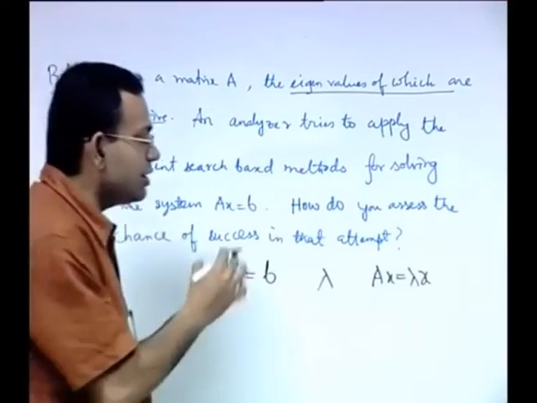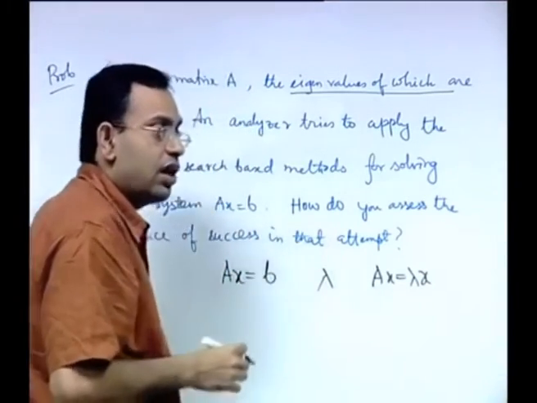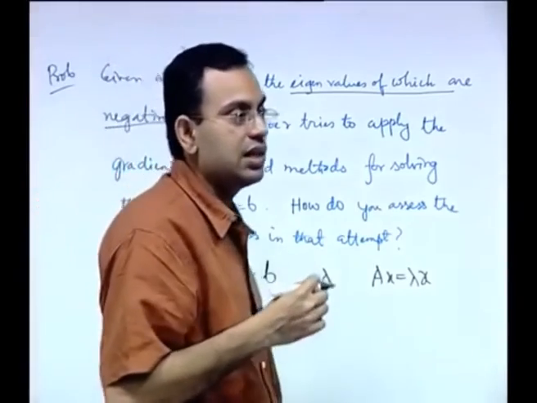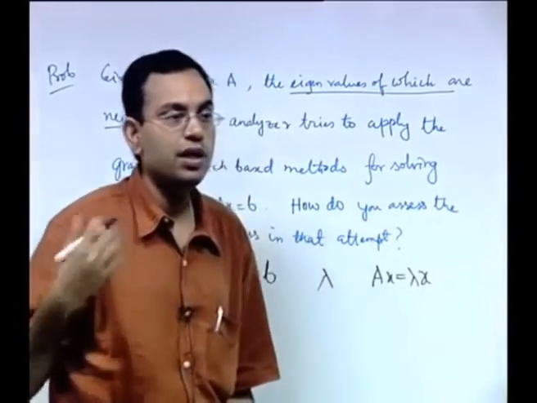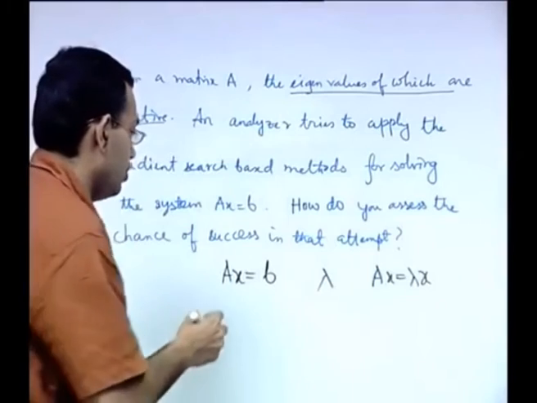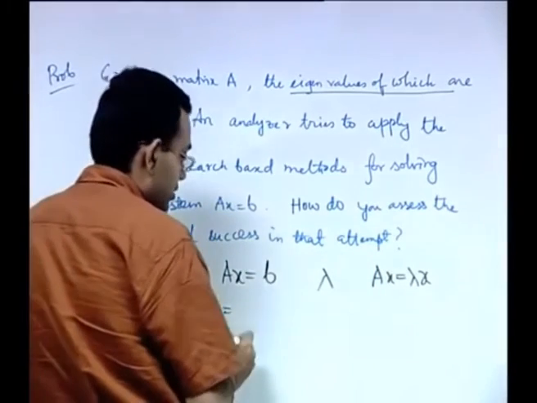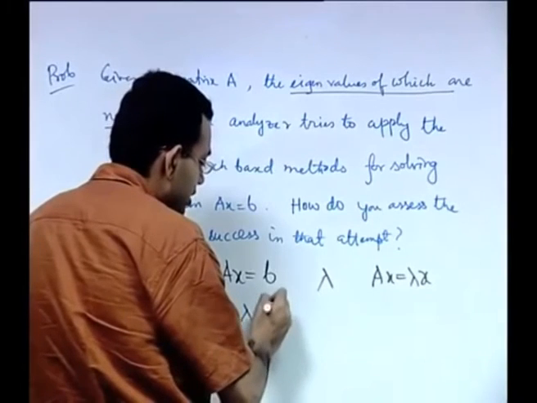So, we have to ensure that A is positive definite. How do we ensure? If you have an arbitrary vector x, then x transpose Ax should be greater than 0. Now, if you have x transpose Ax here, that is nothing but lambda into x transpose x.